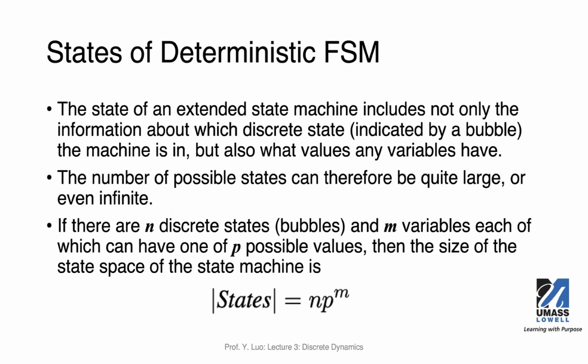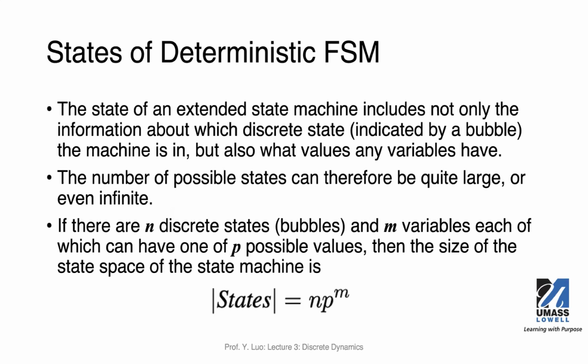We've talked a lot so far about state machines. These state machines are deterministic finite state machines. The number of states in these state machines could be huge. With extended state machines, you not only have the information about which discrete state, the bubbles, the circles, the machine is in, but also the next state depends on the values of these variables.